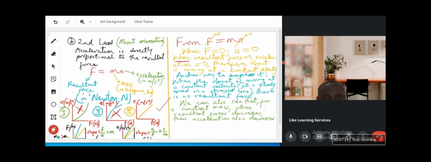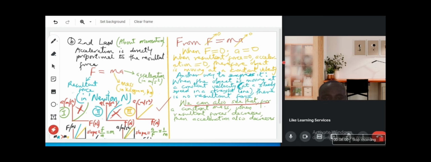Or in other words, when resultant force is equal to 0, acceleration is equal to 0. Therefore, the object is moving at a constant speed or steady speed in a straight line. So another way to express it is, when the object is moving at a steady speed in a straight line, it means the resultant force is 0. In other words, there is no resultant force.